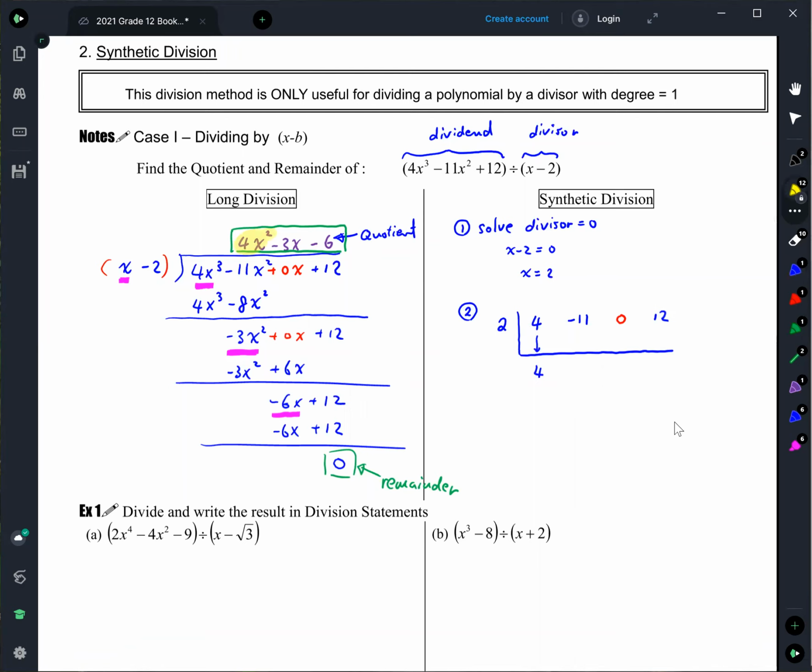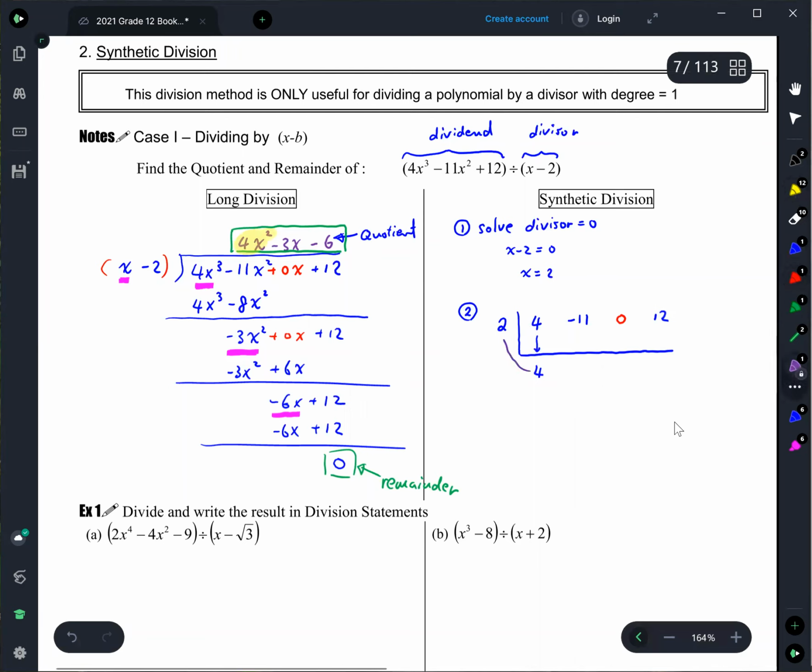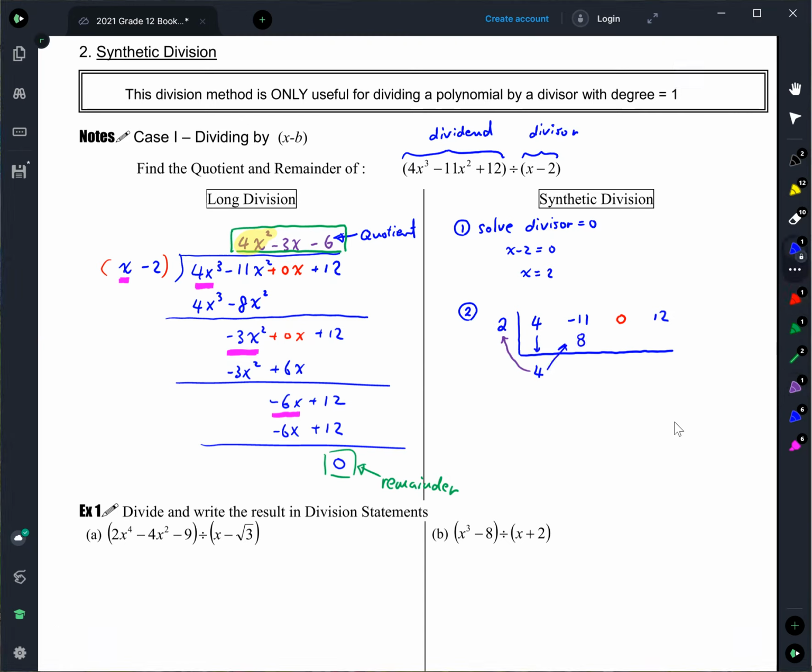And then remember after we got a 4, we need to multiply the divisor, right? So we're gonna do the same thing here. The 4 is going to multiply with a 2, which gives you 8, right? Then you write the 8 over here. You cross over, write the 8.